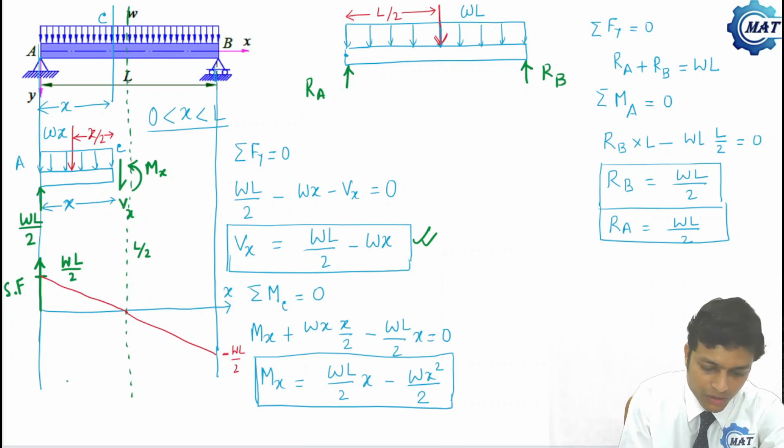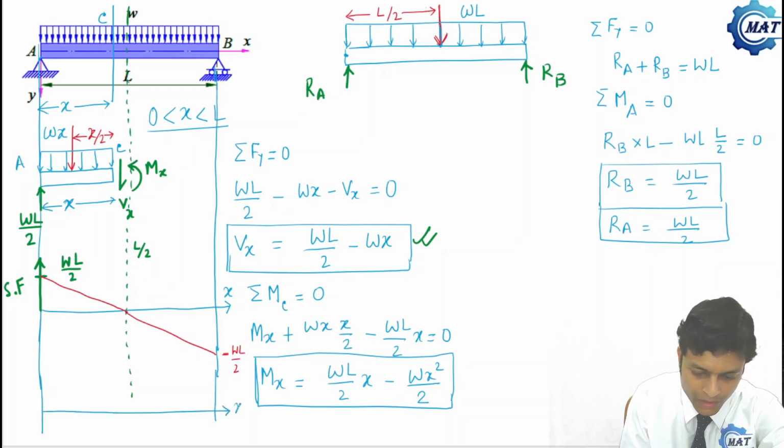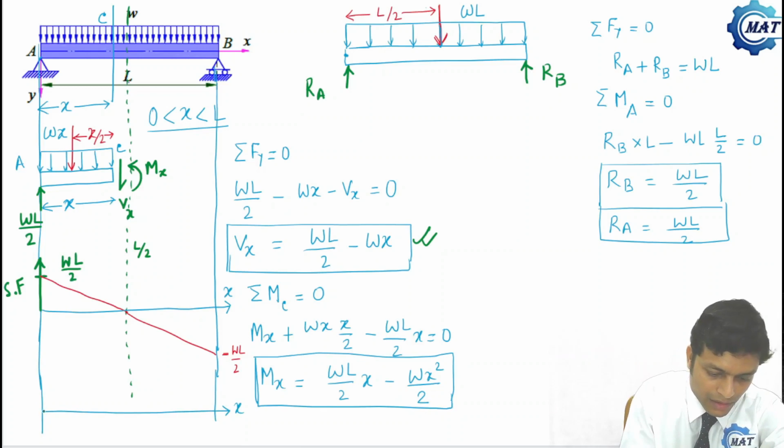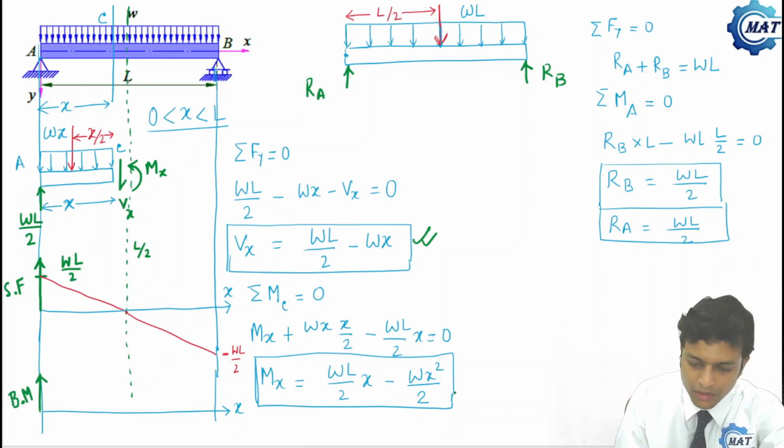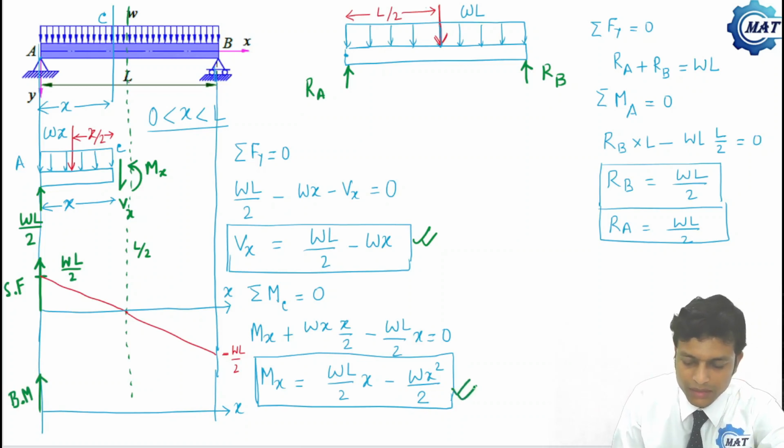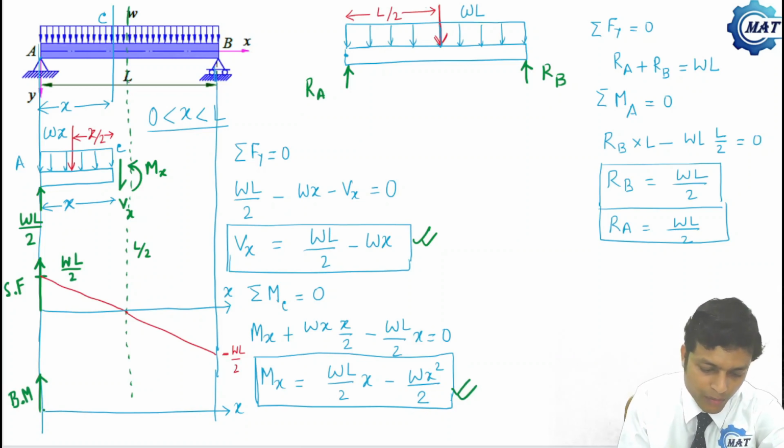Now let us draw the bending moment diagram. How will the bending moment vary? This is x and this is bending moment. So now let us come to this expression, that is, the expression for bending moment. At x equal to 0, bending moment is 0.